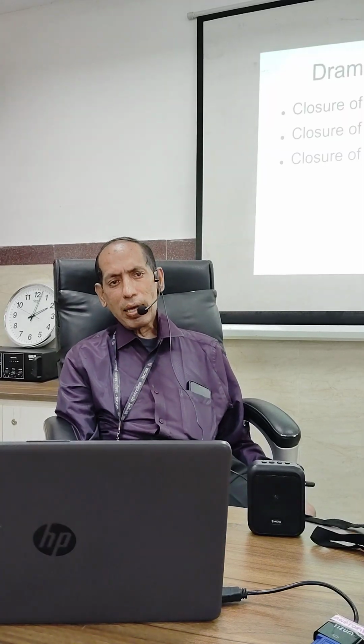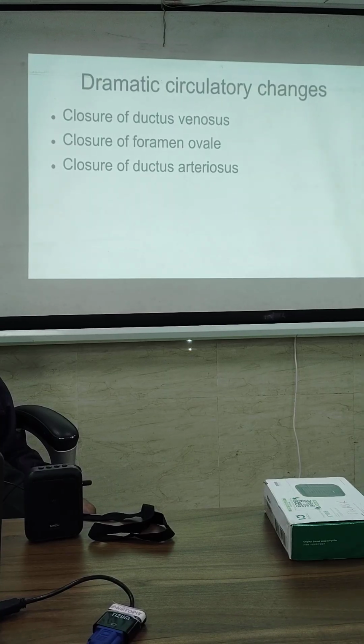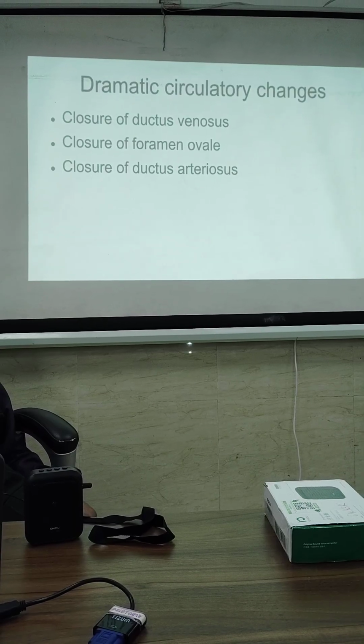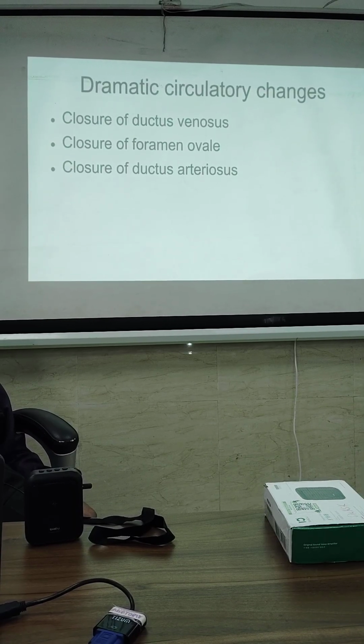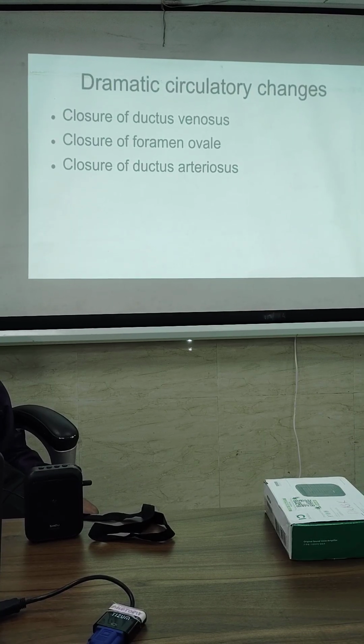At the beginning, after birth, there are 3 dramatic circulatory changes. Because the umbilicus is no longer functioning, the closure of the umbilical vein occurs, the left umbilical vein, which was left behind. This umbilical vein will become the ligamentum teres hepatis.